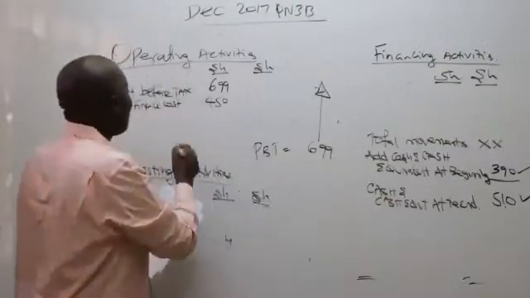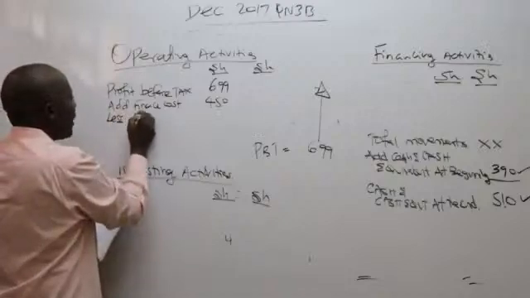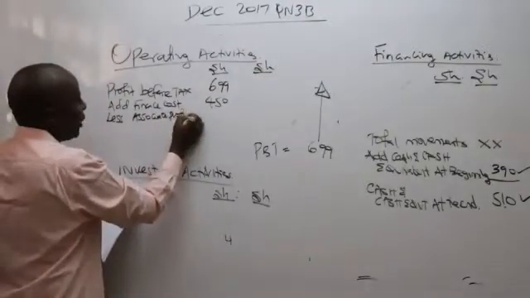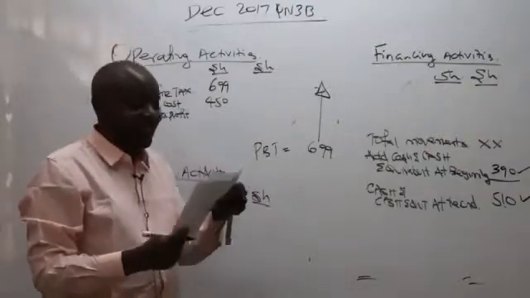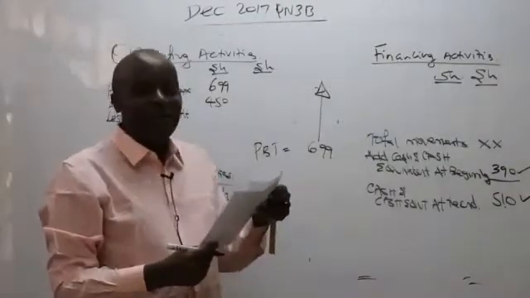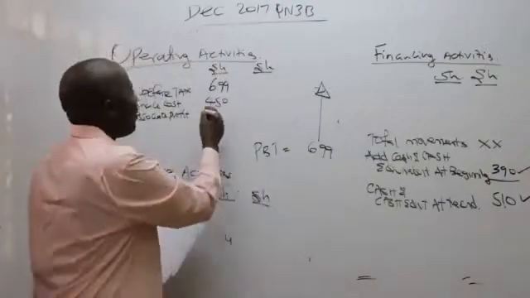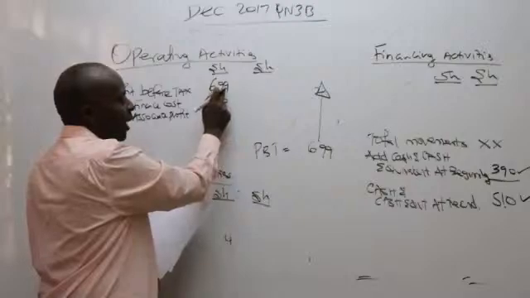So in this case, less the associate's profit here. How much is the associate profit? The associate profit is 144. I have to deduct it simply because they had added the figure to arrive at this.